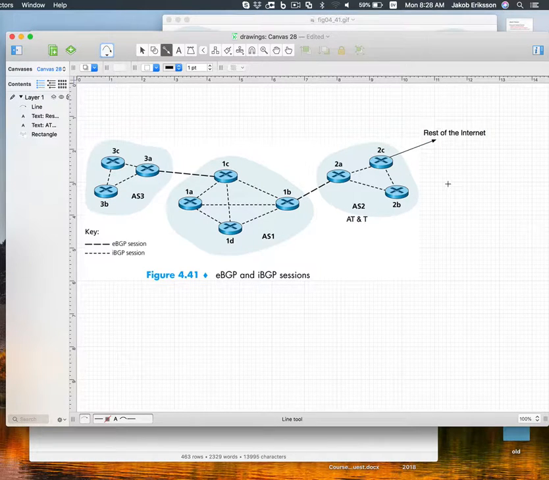AT&T, generally speaking, would be one of those providers that offer connectivity to all of the world. To all of the internet, really.